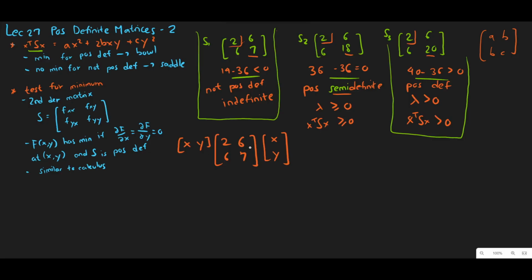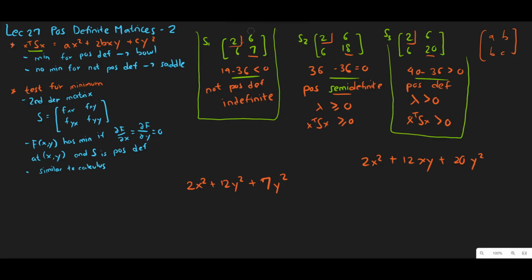Then if you multiply them together, you will have a value of 2x squared plus 12xy plus 7y squared. In the 2 by 2 case, it's really simple. And for this case, you have 2x squared plus 12xy plus 20y squared.